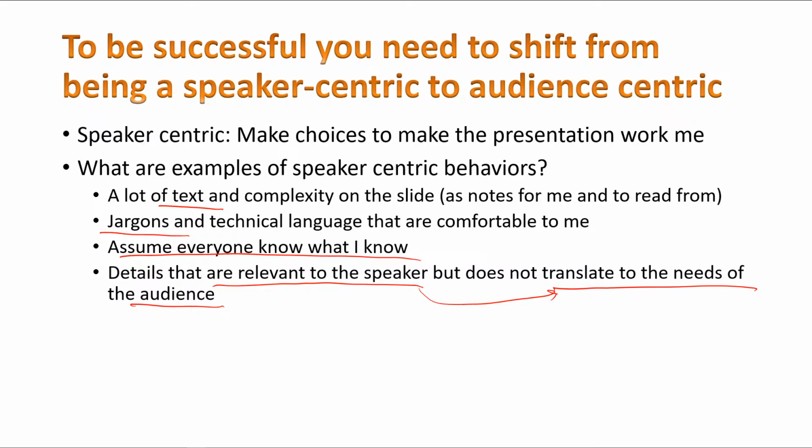If you avoid this, then you will have not a speaker-centric presentation but an audience-centric presentation, which means less text, no jargon. You explain things clearly, and you talk about what is more useful for your audience and what your audience needs, rather than what you like to talk about.